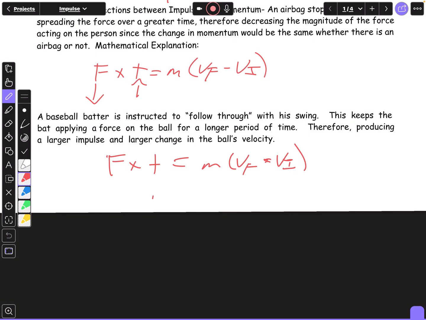If you increase the time interval that the bat stays on the ball as you follow through, it's going to make the change in velocity increase also according to this equation. And if you increase all that, the force at which you hit it is going to be higher also.